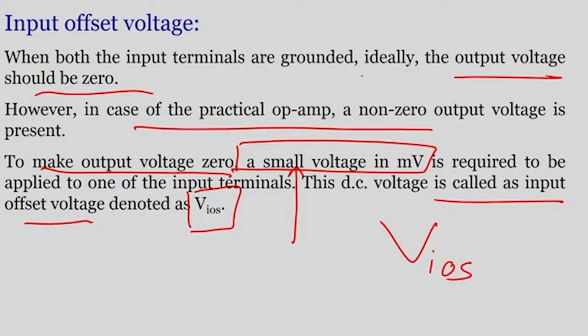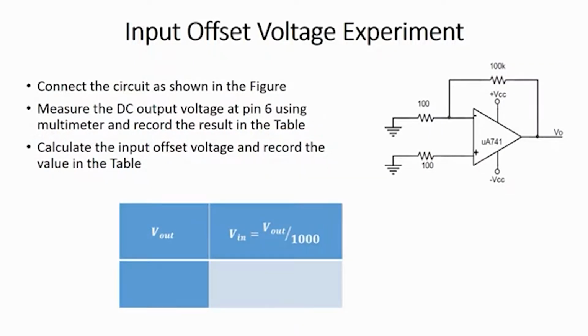So, let us see the input offset voltage experiment. If I want to measure the input offset voltage, now you see here there is a μA741 we have used, resistors of the same value, here 100k, plus VCC, minus VCC, and VO.